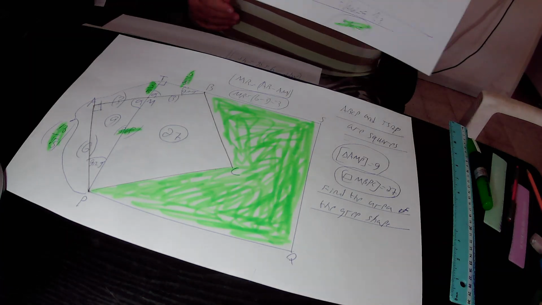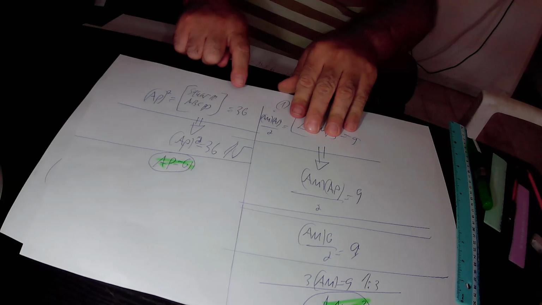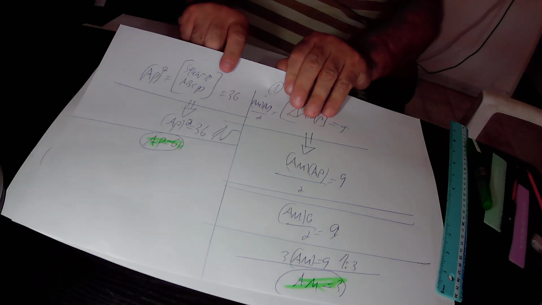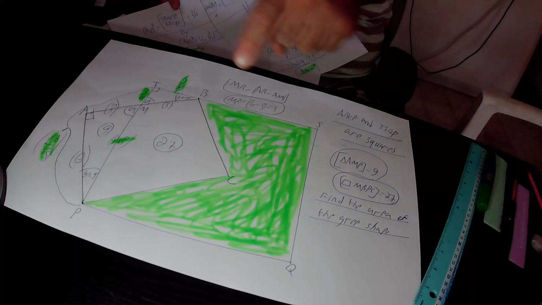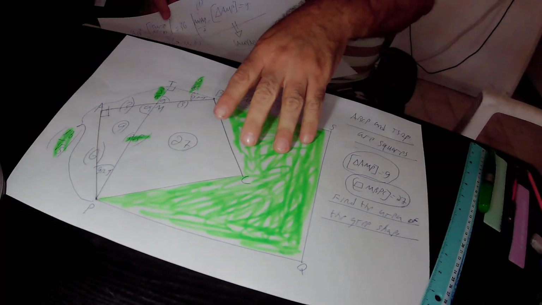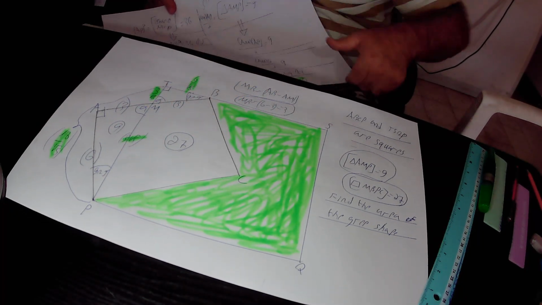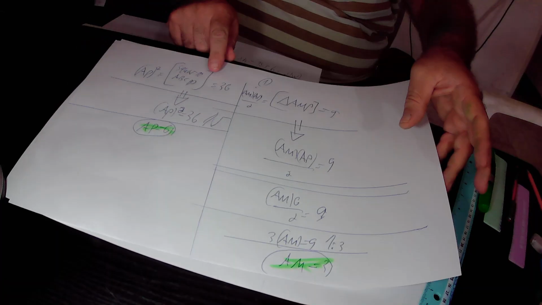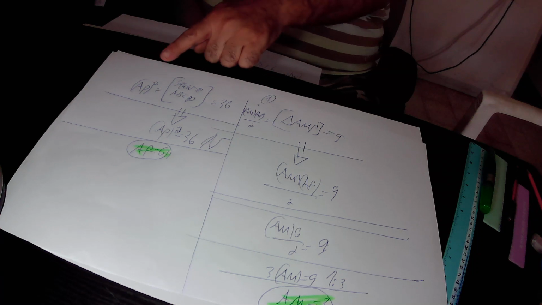So from one side, the area of the small square ABCP is equal to 36 square units in size, but from the other side, we know that the area of any square equals the length of one side squared. And therefore, the area of this square ABCP will be equal to the length of side AP squared.